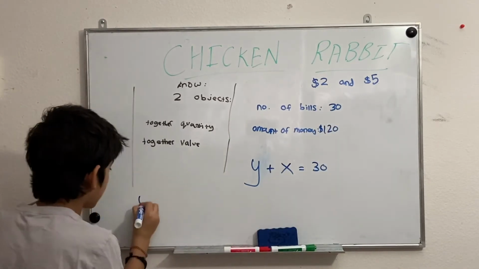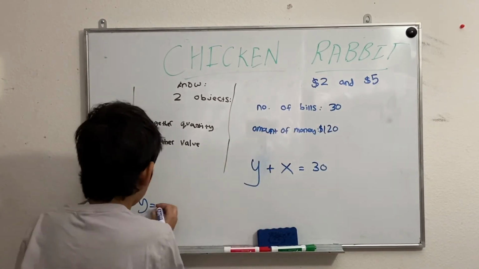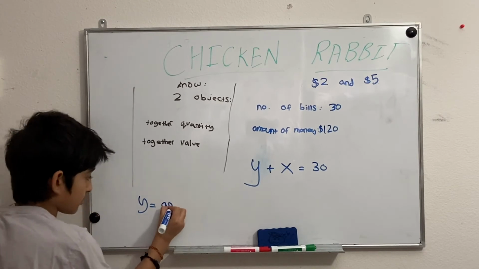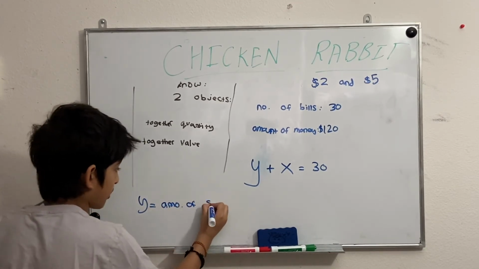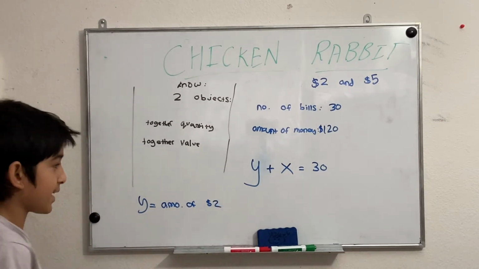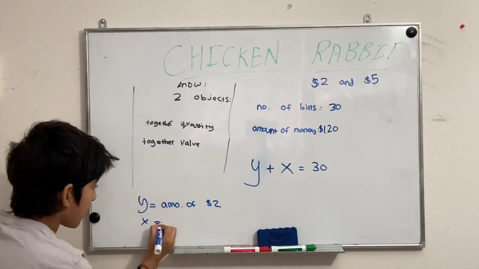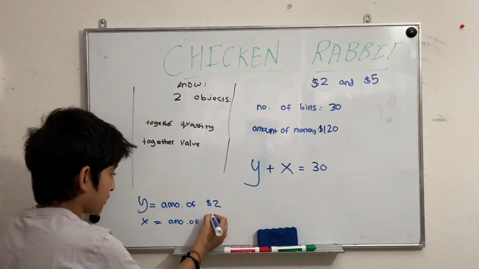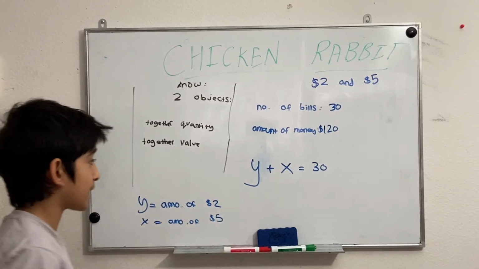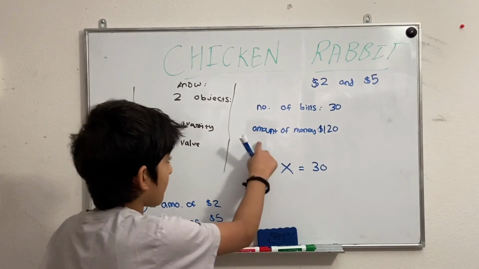Y is the amount of $2 bills, and X is the amount of $5 bills. Okay, X plus Y is 30, and amount of money is 120.